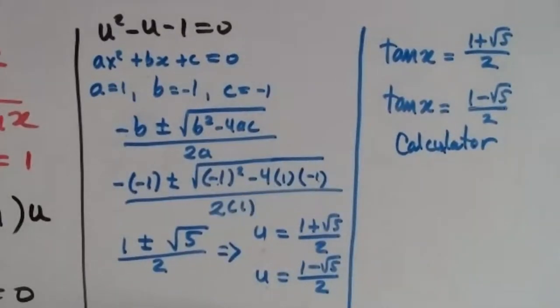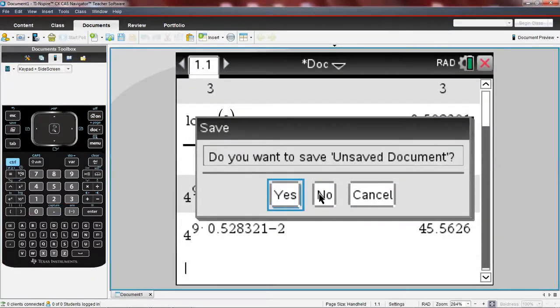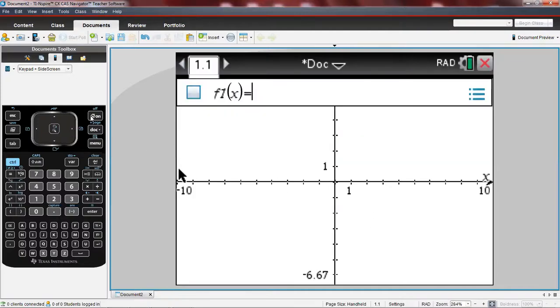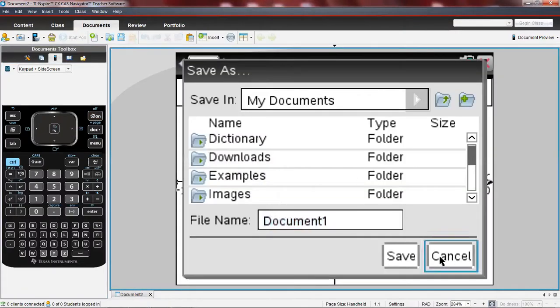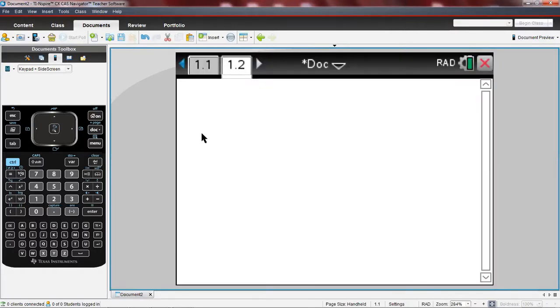So if we open the calculator, we open a new document, we don't save, and here we add a calculator. And then I check that I have radians, you see? It's very important because we have to work in radians.